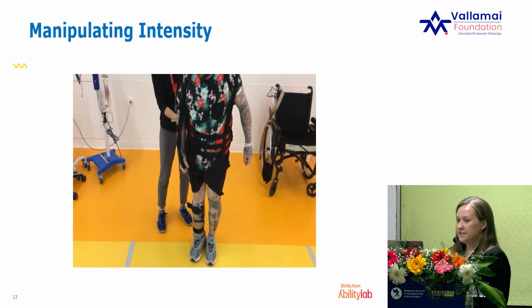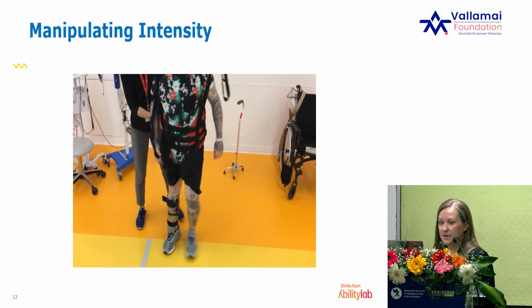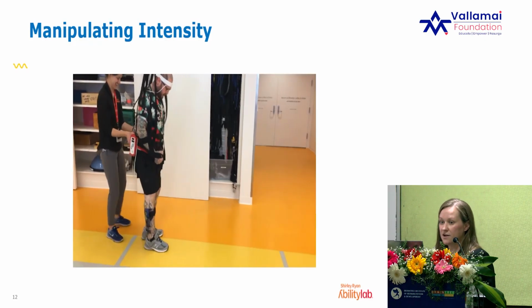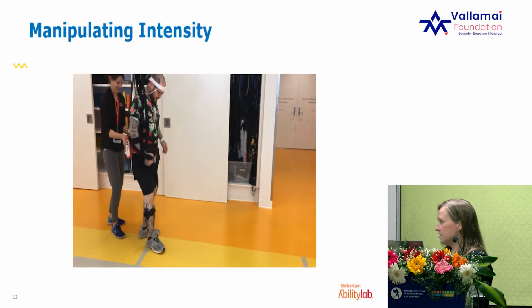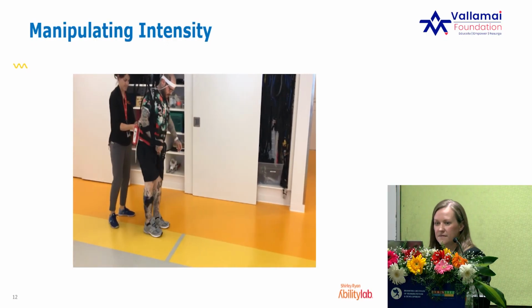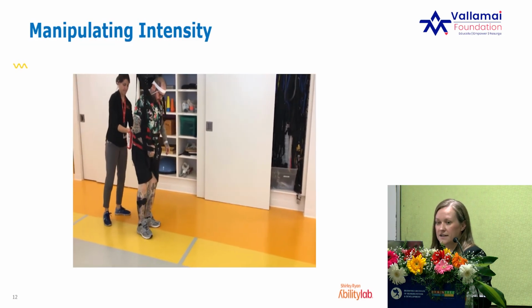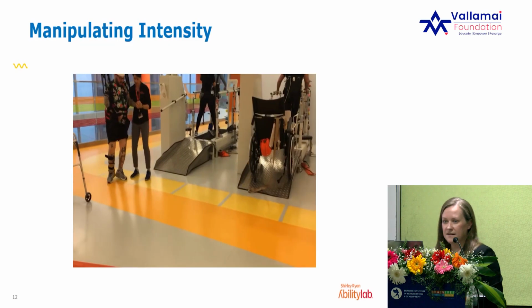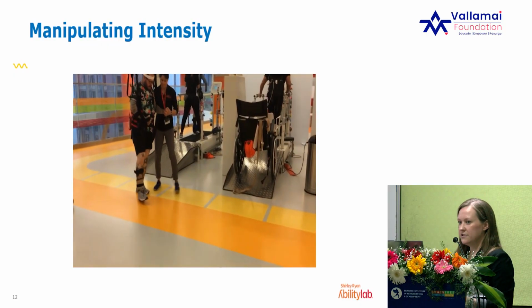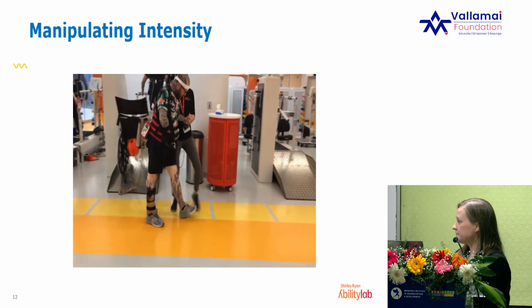Here she's doing some lateral stepping with him, so she's changing up the task that he's doing, and also some backward stepping, so increasing the challenge to the patient, therefore increasing the intensity. You can also see she has the red heart rate monitor on his harness, so that she can make sure that he's in his target heart rate zone the entire time that he's working.